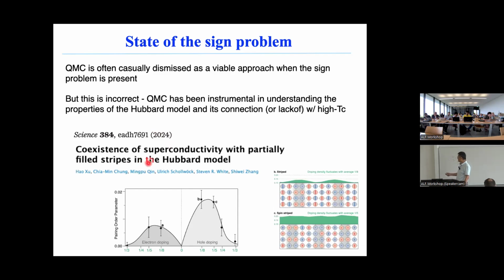And now this paper that just showed up showed the coexistence when you have a t-prime term. Same set of work, 2 different methods, AFQMC and DMRG, showed superconductivity in the ground state for both the electron doped and hole doped side, with partially filled stripes in coexistence.